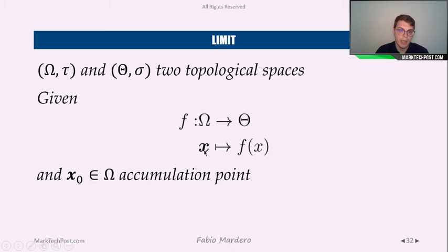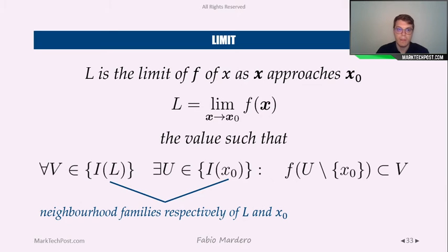Here we will have x0, and on theta we will have f of x0. We define L as the limit of f of x as x approaches x0. The value L will be the value such that this expression is satisfied.